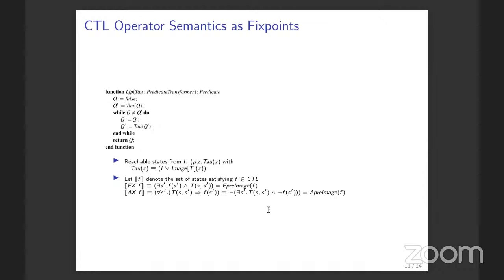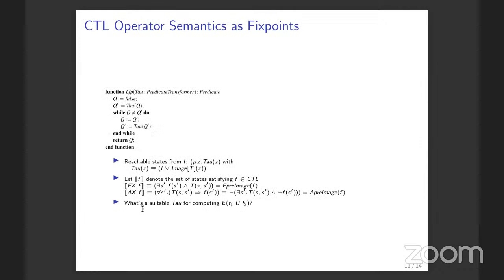Your question of what is the tau, how could you characterize EG and AG, for example, or EF, EU, etc., as fixed points of an appropriate tau, will be done in terms of EX and AX.